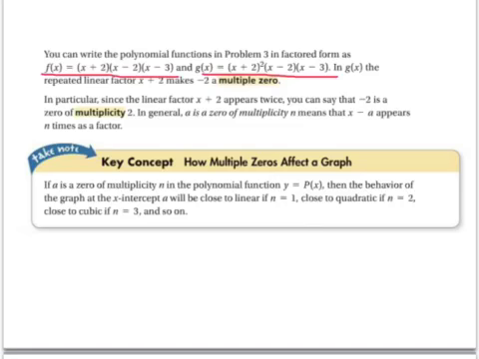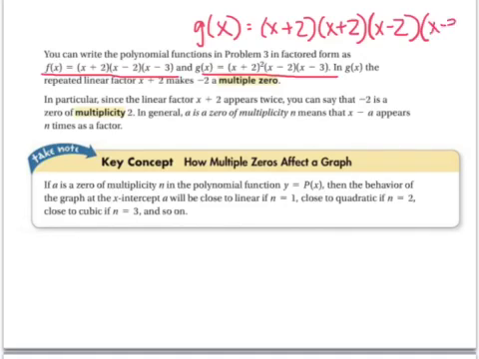X plus 2 quantity squared means that linear factor, that x plus 2, would appear twice, because we could rewrite g of x as x plus 2 times x plus 2 and then have the x minus 2 and x minus 3.